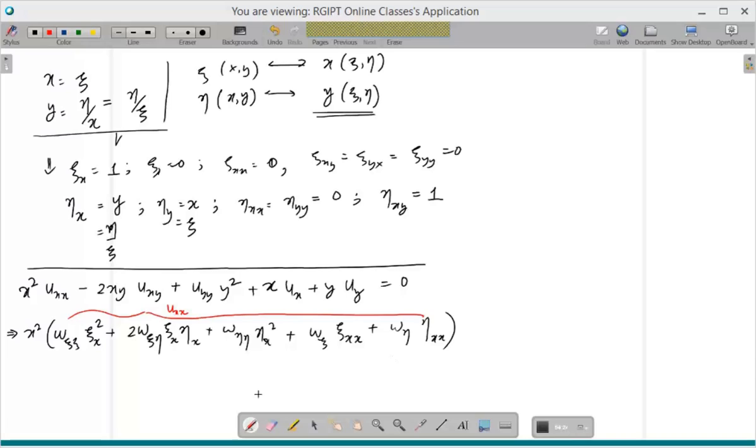Similarly, uxy minus 2xy, w zeta zeta zeta x zeta y plus w zeta eta zeta x eta y plus zeta y eta x plus w.